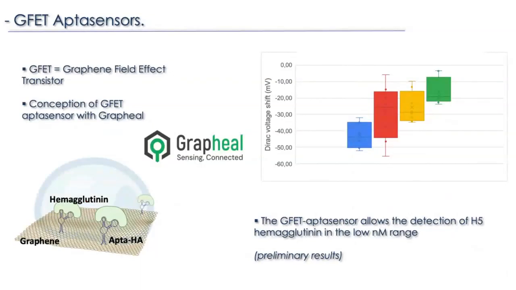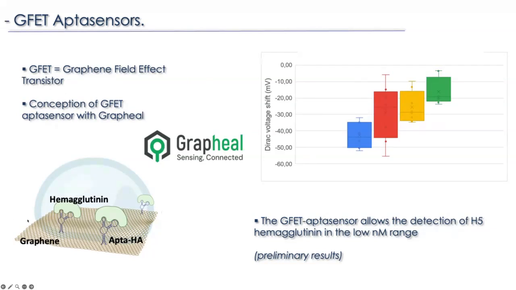Another sensor that we are working on, and I will show you only preliminary results. We recently started this in collaboration with a startup in Grenoble, Rafael. In this case, we immobilize the aptamer against the hemagglutinin on a graphene film.